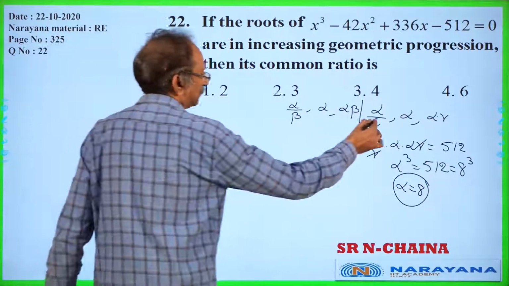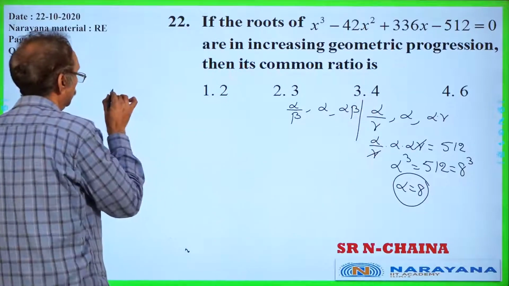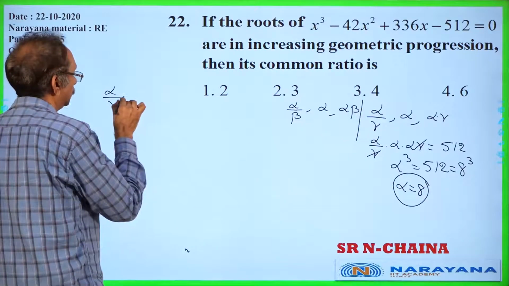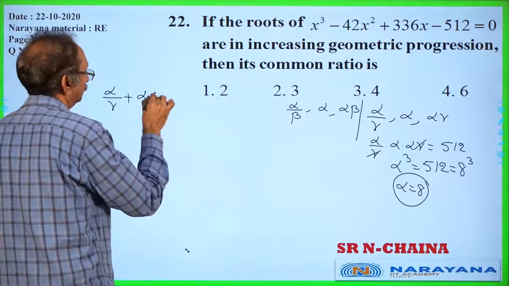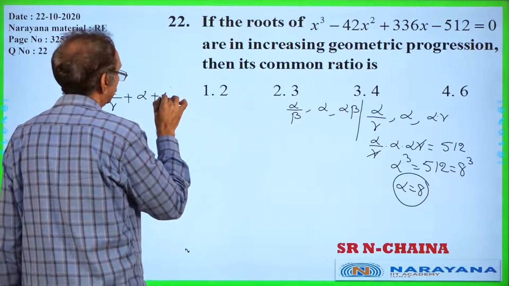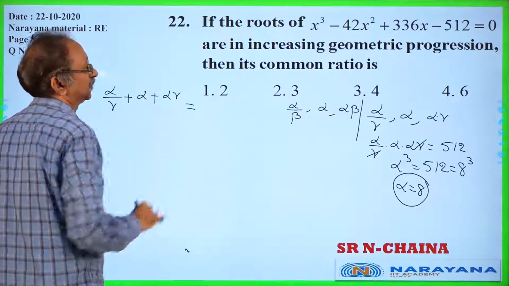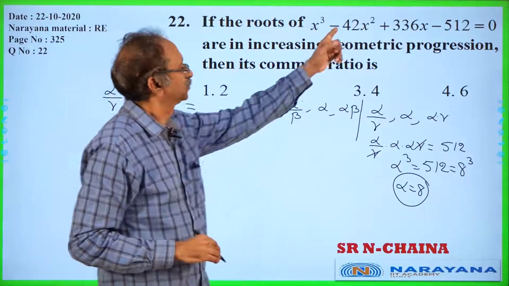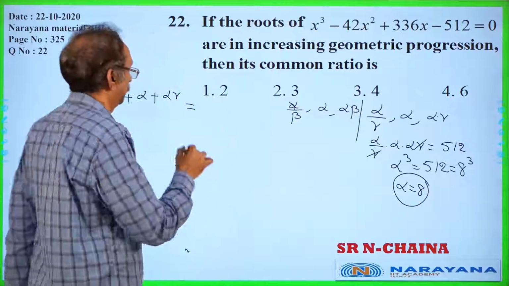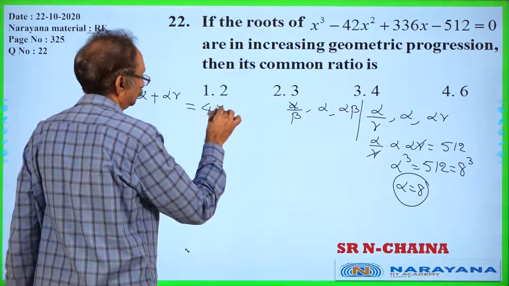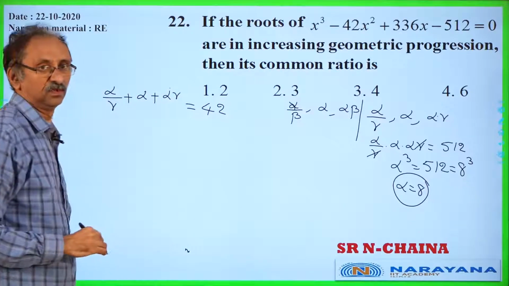So what is the sum of the roots here? Alpha by r plus alpha plus alpha into r. But what is the sum of the roots formula? Minus of minus 42 by 1, that is 42. Okay, students.